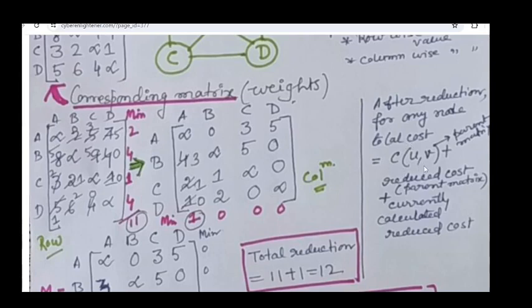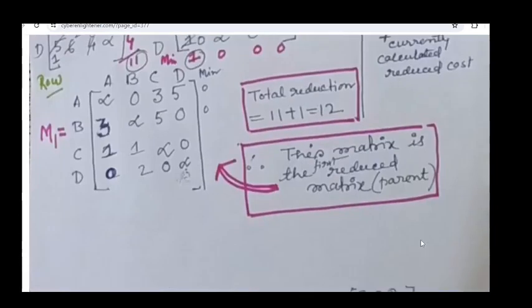That means in the parent matrix, whichever is the entry, that entry U,V, plus the reduced cost from the parent matrix, plus whatever you have currently reduced. These three things will be added together. First is C(U,V), the original entry in the parent matrix. Second is the reduced cost of the previous parent matrix, plus the currently calculated reduced cost.